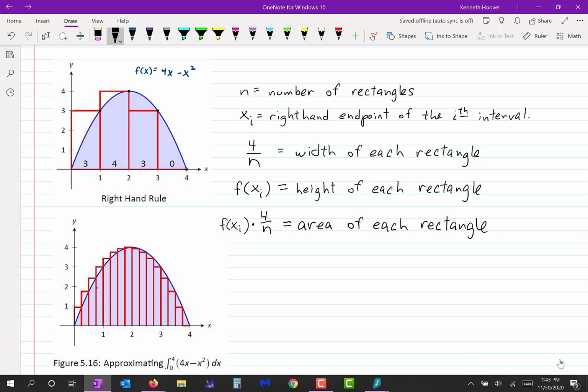Now, how do we get an approximation of the blue area? We add up all of the rectangles, right?